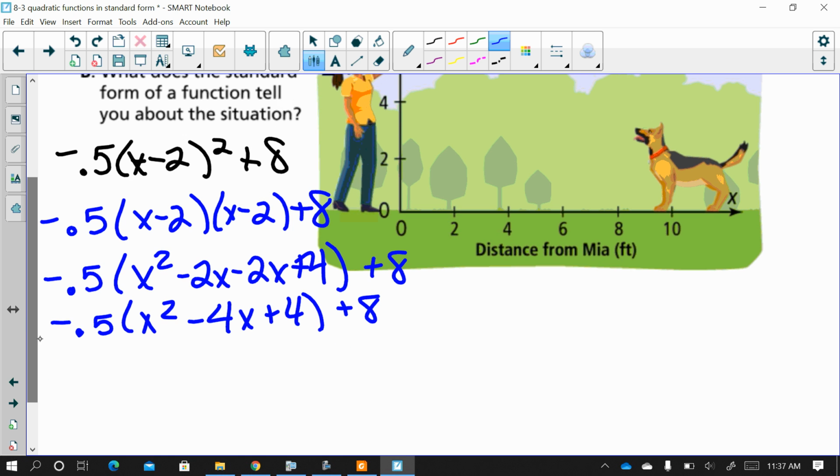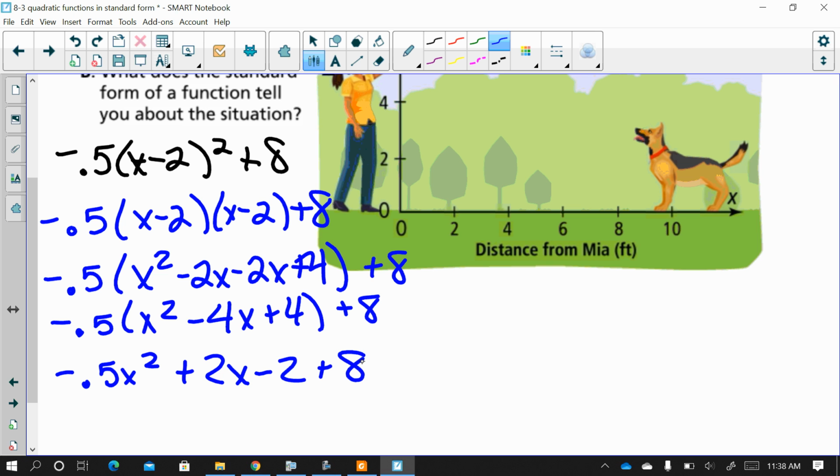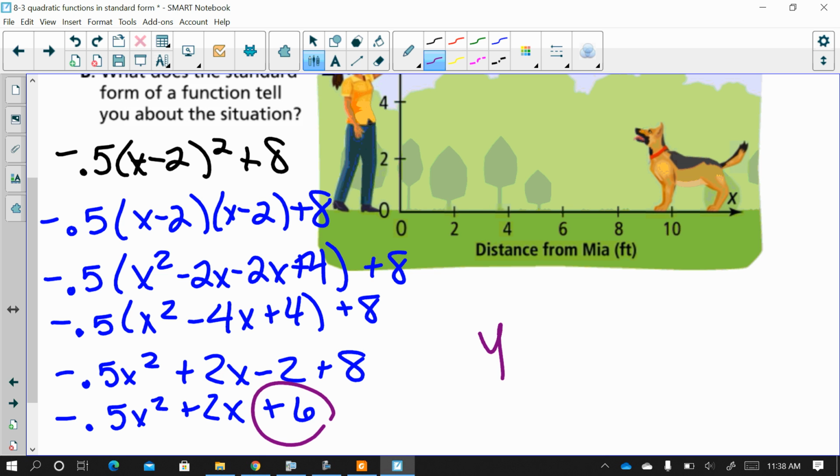Okay, you need to distribute that negative 0.5. So negative 0.5 x squared plus 2x minus 2 plus 8. Finally, combine like terms. Negative 2 plus 8 is a positive 6. So what does this tell us? Well, just by looking at it, I know my y-intercept is 6.